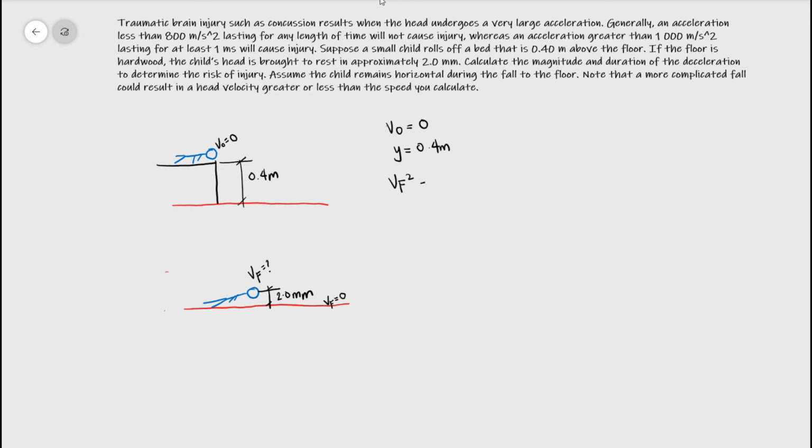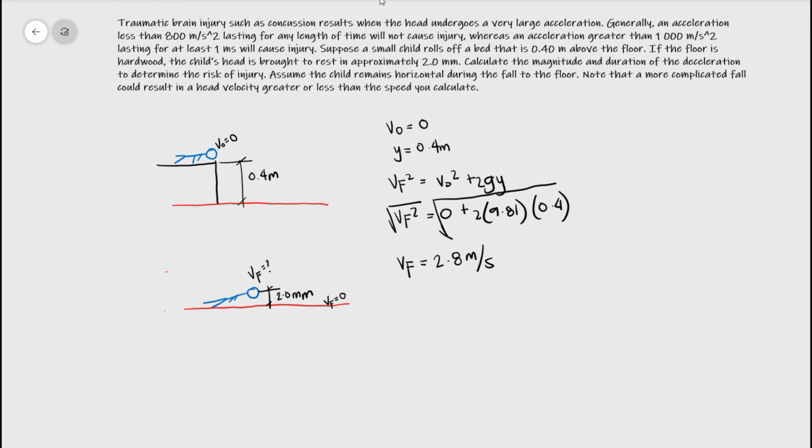using this kinematic equation, Vf squared equals Vo squared plus 2gy. Our initial velocity is 0 plus 2 times the gravity, 9.81, times the height, 0.4. Taking the square root of both sides, our final velocity is approximately 2.8 meters per second.